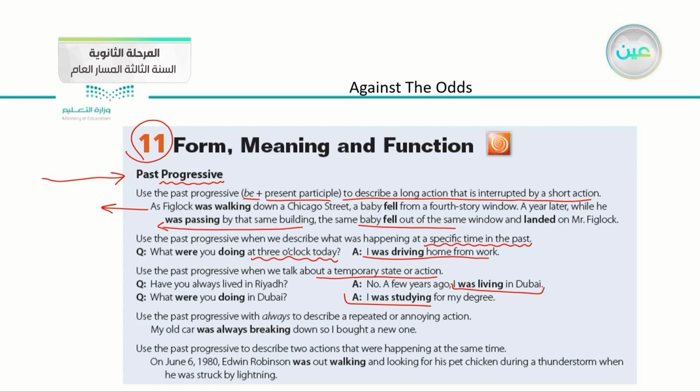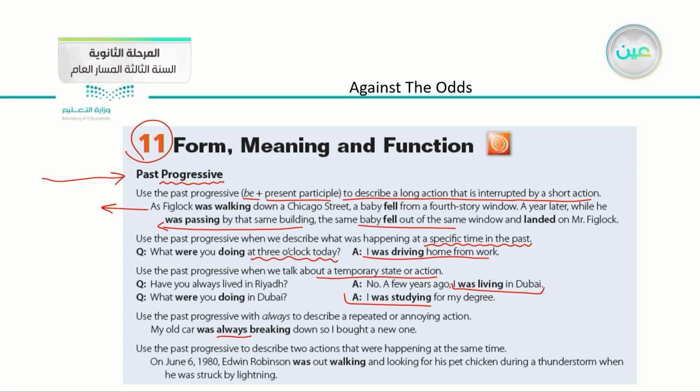Here, she or he is complaining about the car by using the word always to show annoyance at the situation. The word always is suggested to be used. My old car was always breaking down, so I bought a new one.